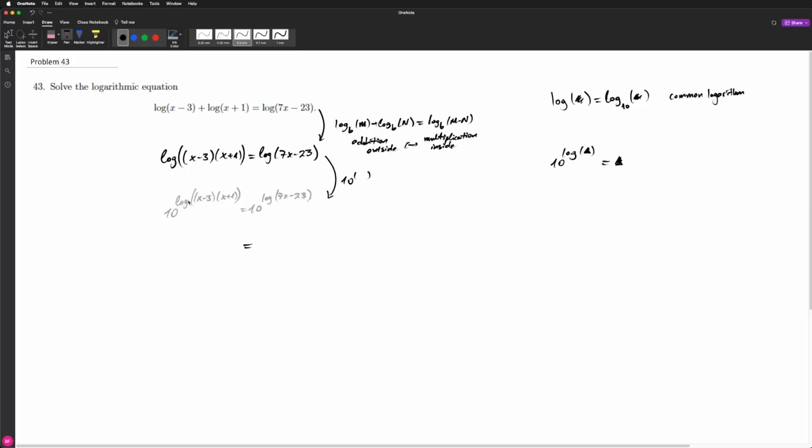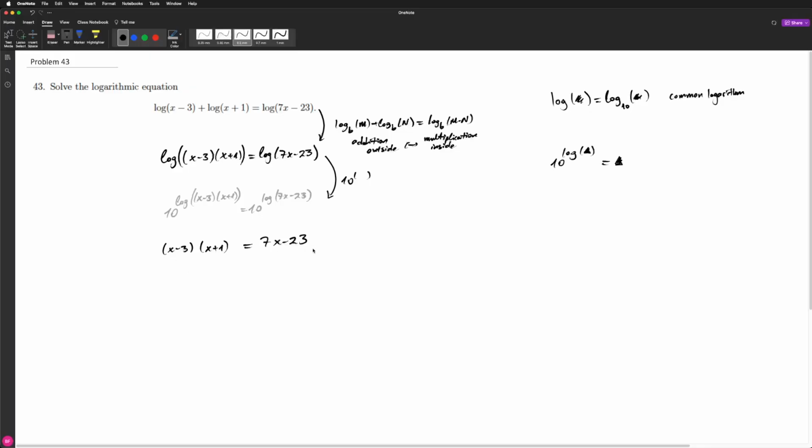If you raise 10 to the power you need to raise 10 to get x minus 3 times x plus 1, well, you will get x minus 3 times x plus 1. Or alternatively, you can say if two logarithmic terms are equal with respect to the same base, then what's inside should be equal too. And now this is a polynomial equation.